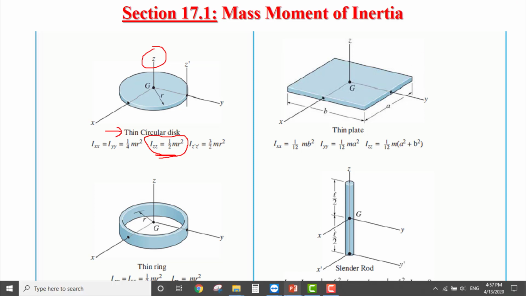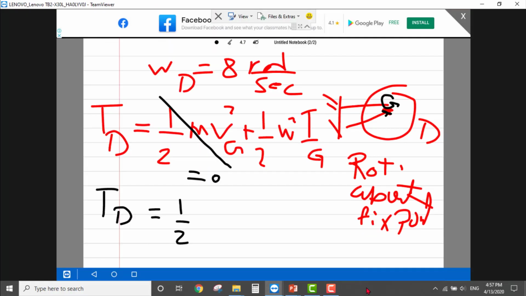So let me go back to the solving board and write half multiplied by half m r squared multiplied by omega squared.